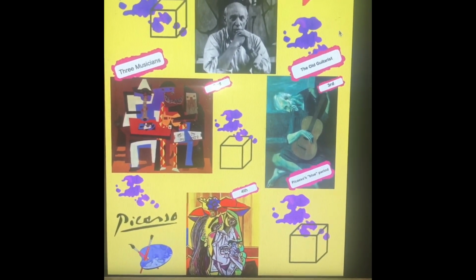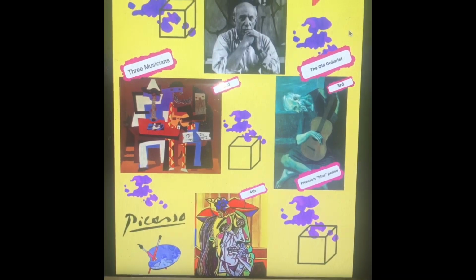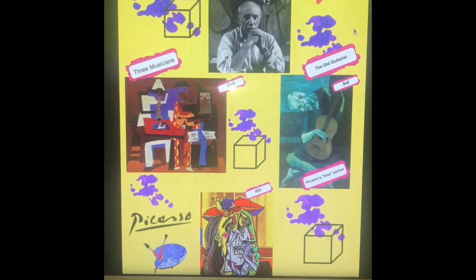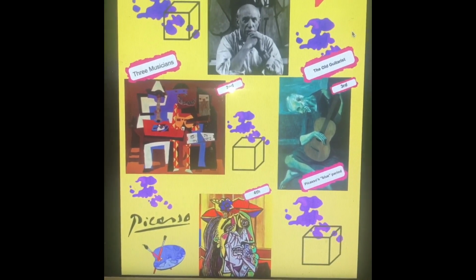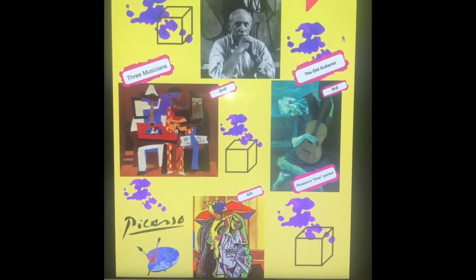Okie dokie, artichokes. Boys and girls, I have this poster. It's called a glog, and I'll be showing more of these to you as the years go on when you're in different grades. This is the one that I created about Pablo Picasso, and you can see I have his name up here in the corner, Pablo Picasso.